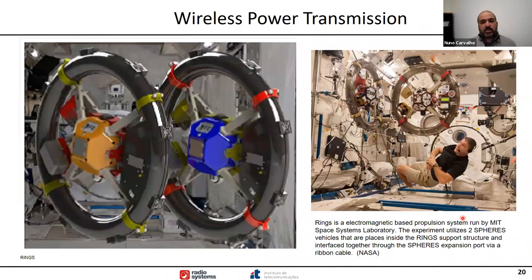But there are other applications. Here I'm showing you the rings from NASA. They show that they can have systems based on electromagnetic propulsion that can monitor the health of your base station. Sometimes you could reduce the number of times an astronaut goes outside the space station to monitor its health, and you can use some of these solutions to fly around the space station and monitor it.